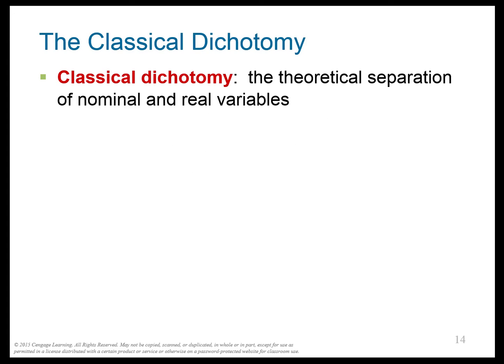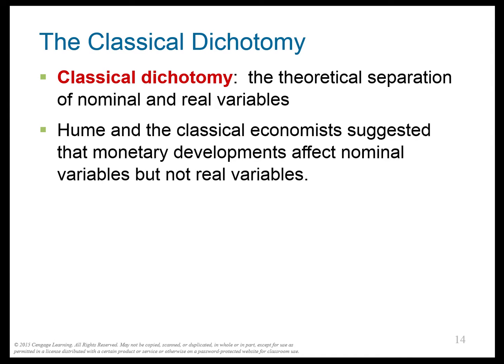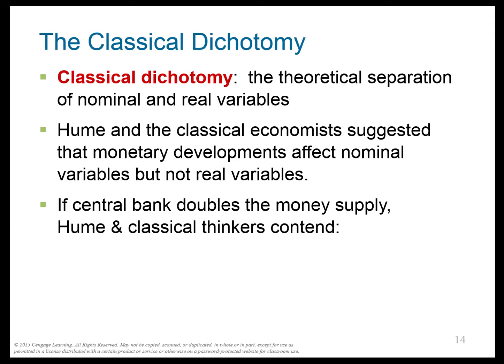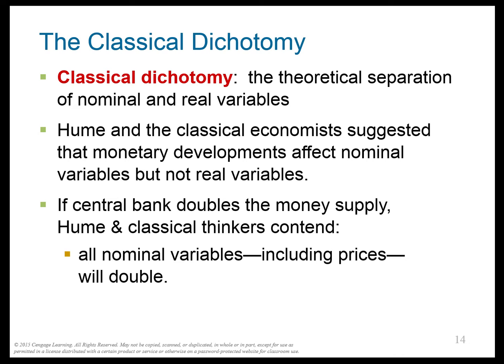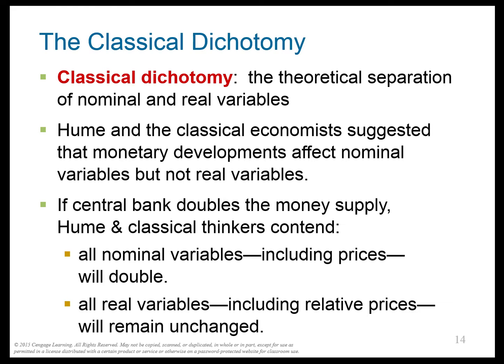This gives rise to the classical dichotomy: nominal and real variables are separate. Hume, the classical economist, suggested that monetary policy, when the Fed pumps money into the economy, only affects nominal variables, not real variables. So if the central bank doubles the money supply, all nominal variables, including prices and wages, will double, but real variables, including relative prices, will remain unchanged.